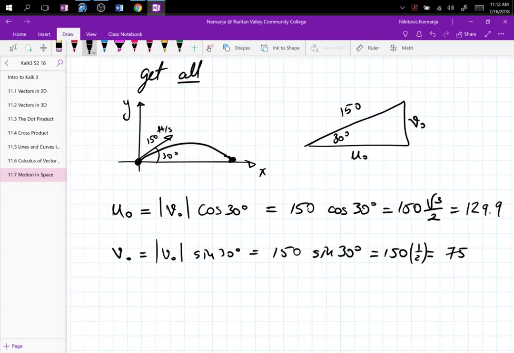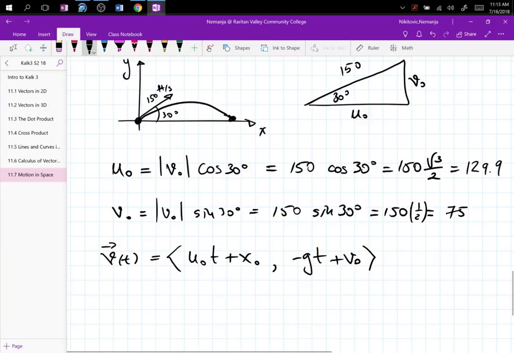So now I know that my velocity vector in terms of time was given as u0t plus x0, comma, and then we have v0, well, negative gt plus v0.